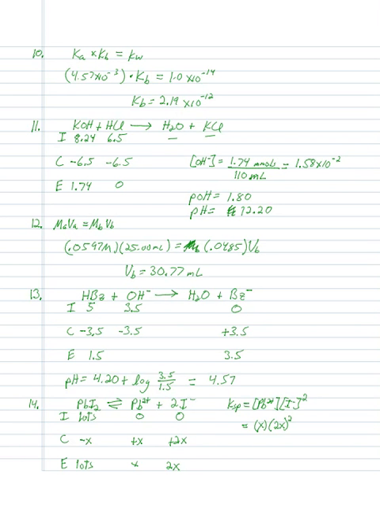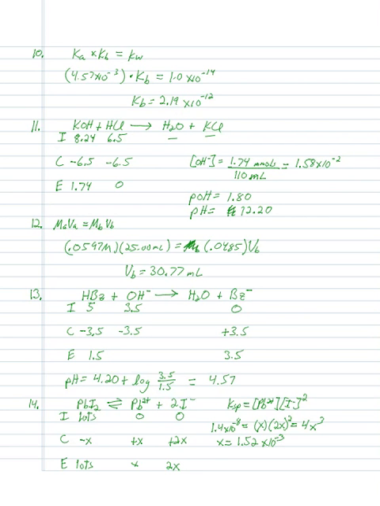And my Ksp here is 1.4 times 10 to the minus 8. Okay, so this over here comes out to be 4x cubed. And when I solve for x, I get a value of 1.52 times 10 to the minus 3.